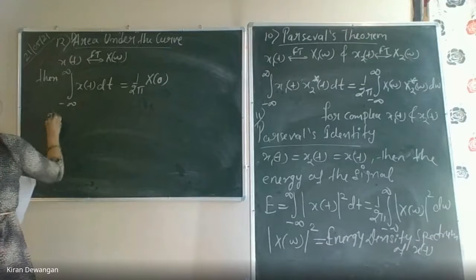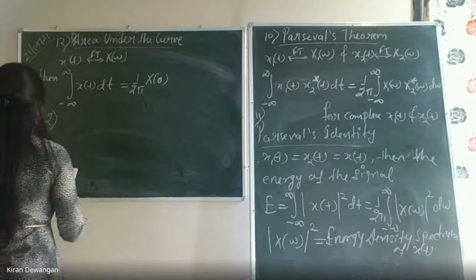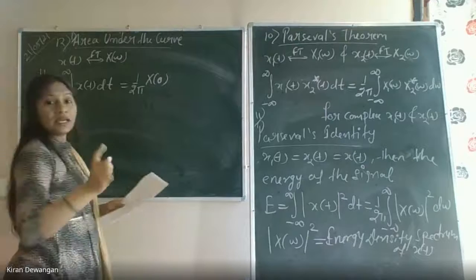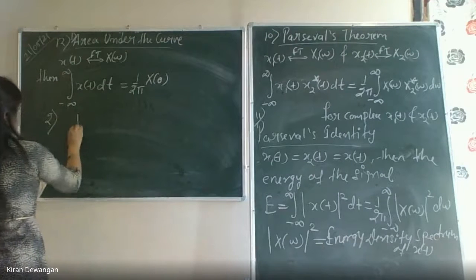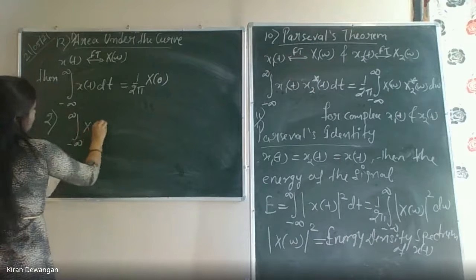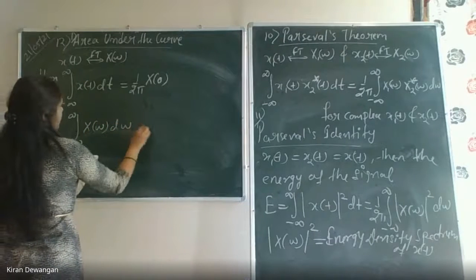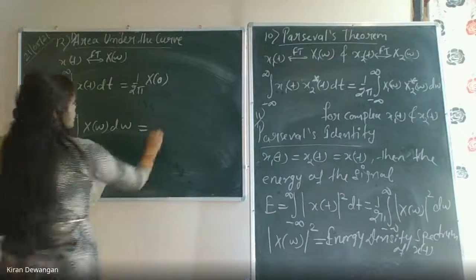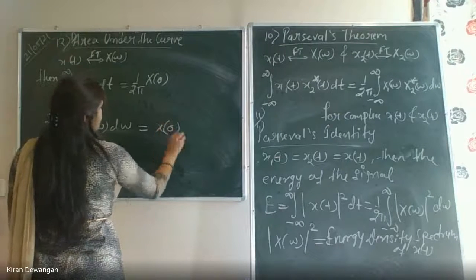And the second property says that the area under the Fourier transform, if I take the integral from minus infinity to infinity of X(omega) d omega, is nothing but small x(0).